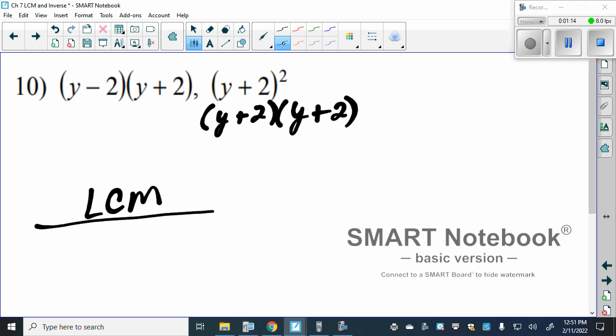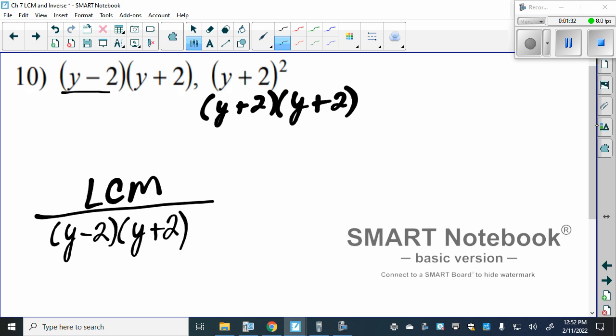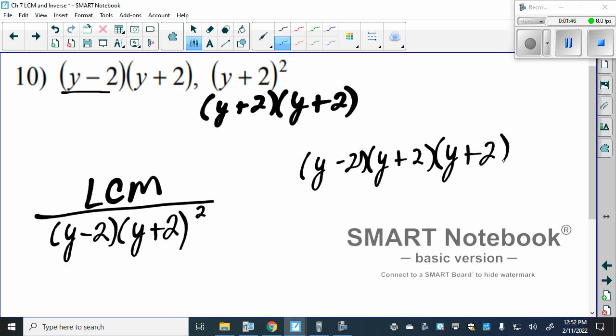So if we look at both of these here, we know that we'll need at least one y minus 2, because it does occur once in both of the expressions. We'll also need a y plus 2. Is there anything else that we'll need? Yeah, we can square. We need 2 of them. So we can either write it as y minus 2 times y plus 2 squared, or we can say y minus 2 times y plus 2 times y plus 2.